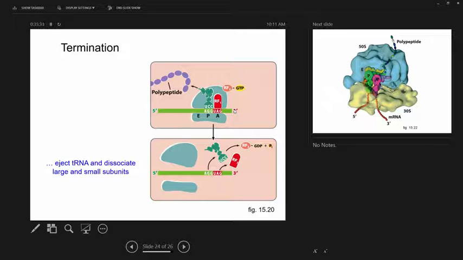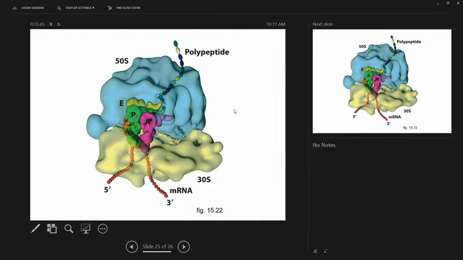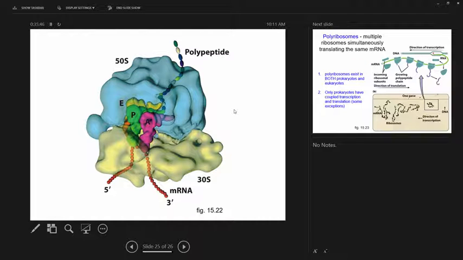One of the coolest things that happened in the 1990s, so I think it was like the late 80s or the early 90s, was when self-catalyzing RNAs were discovered, self-splicing RNAs were discovered, and then scientists were like, well, what happens if these RNAs that are in the ribosome are more than just structural?